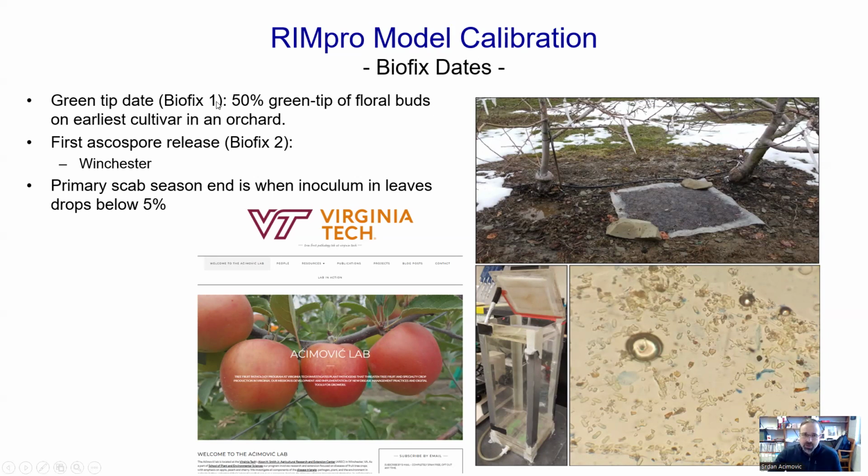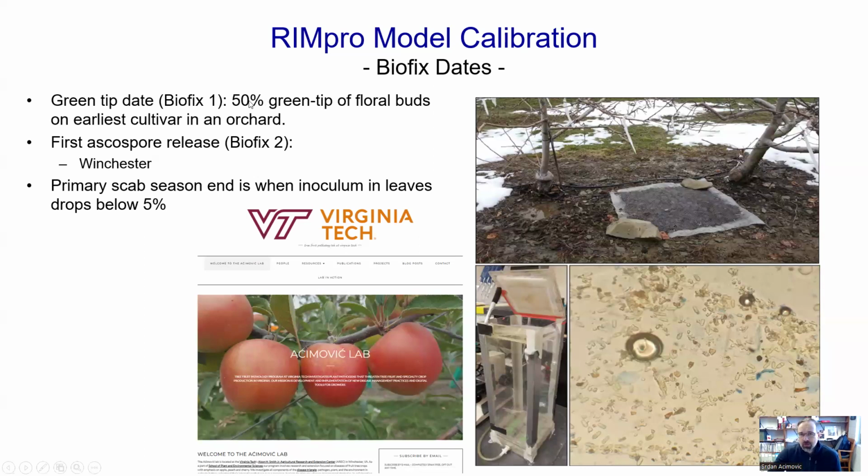The other biofix would be to use the green tip date, which is about 50% of the floral buds being at green tip. The way you determine whether you have reached 50% is by doing counts. We do this on the earliest cultivar in the orchard that is susceptible to scab, specific to your farm.